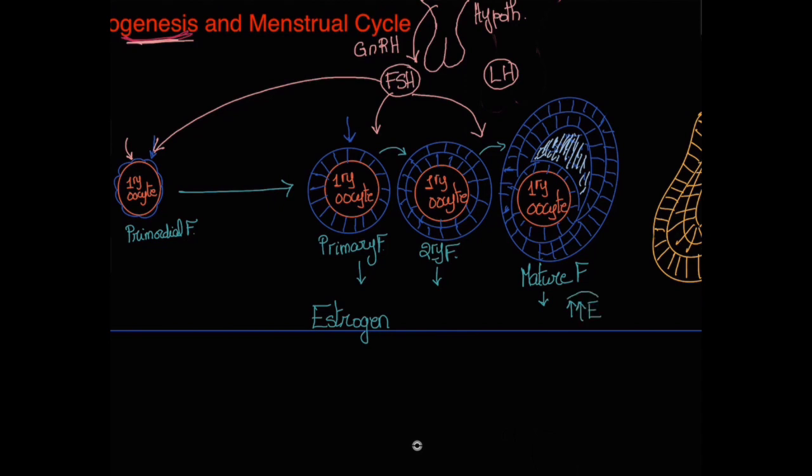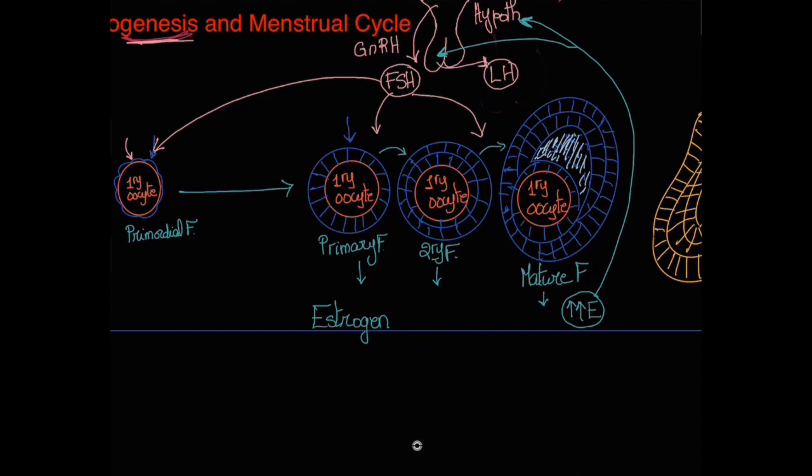And these large amounts of estrogen will have a positive feedback on the hypothalamus and the anterior pituitary gland. This sudden increase in the estrogen level coming from the Graafian follicle will enhance the anterior pituitary gland to release large amounts of LH, or luteinizing hormone.